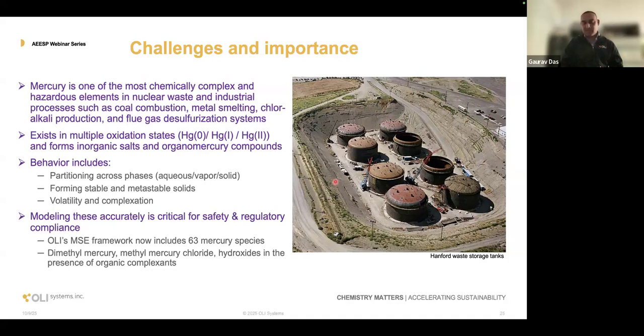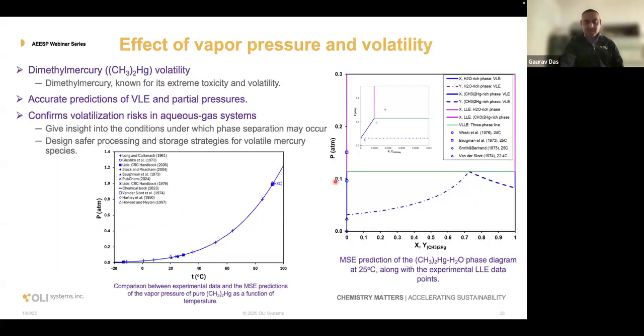So the stability or metastability of different solid phases concerning mercury and their volatility and complexation, this thermodynamic behavior are of utmost importance. So with that, now I am presenting some of the interesting results.